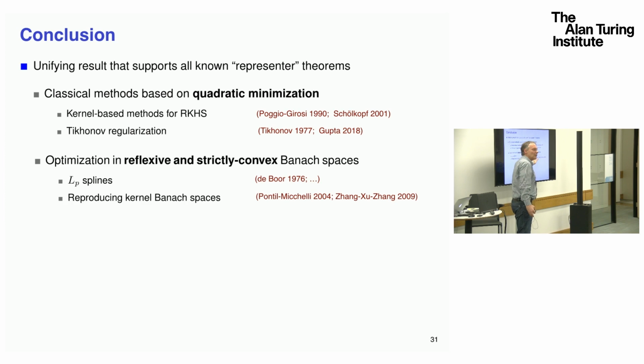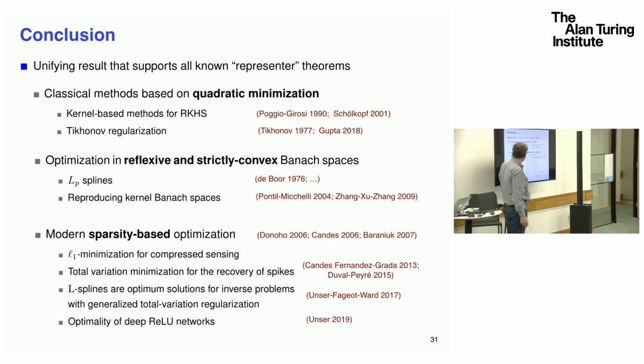Here again, I always find a paper by Duchon, who did that in '76 for splines, but more restrictive. You have reproducing kernel Banach spaces. There's also some work of Micchelli, Zhang, and Xu, 2009, but not too much here.